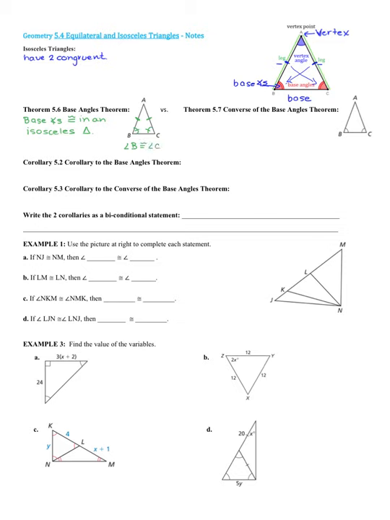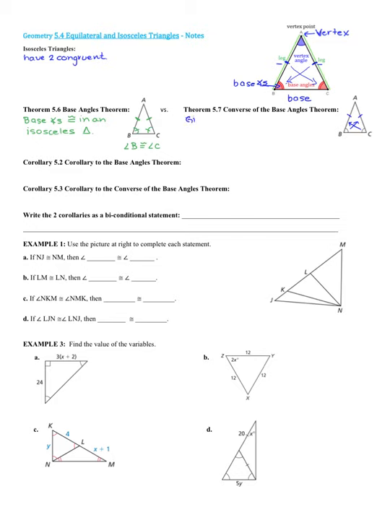The converse, so we actually then call that the converse of the base angles theorem, starts with if you have a triangle and there are two angles that are congruent, you don't have to say that it's isosceles, but you are allowed to conclude that the opposite sides are congruent.